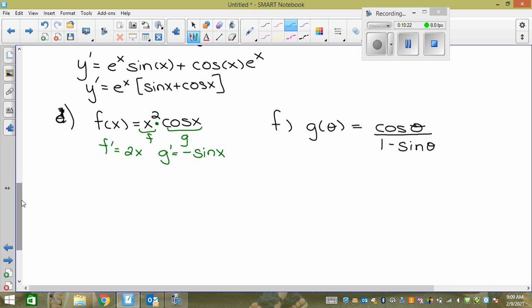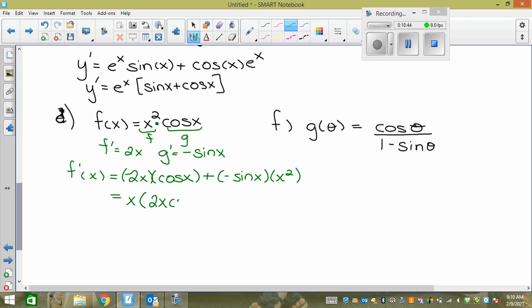So we have f prime of x, I already said y prime up top, but whatever. f prime of x equals f prime of x times g plus g prime times f. You take an x out, you're left with x times 2 cos x.